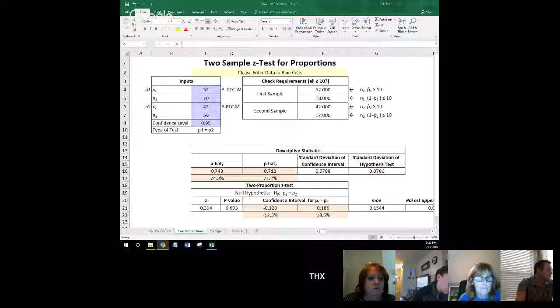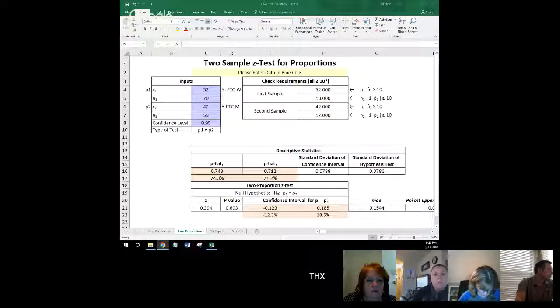So I went down to the part where it says confidence interval for P1 minus P2. I added those two together and I divided by 2.